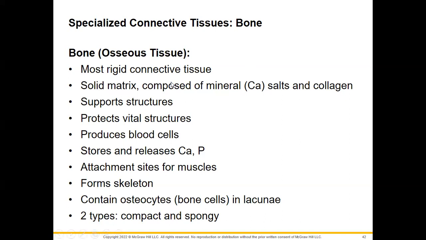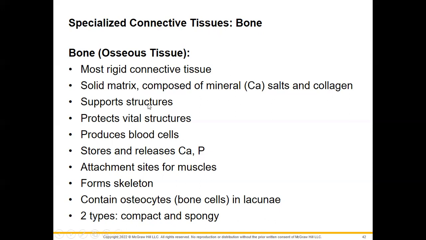So your minerals are going to make it hard, but your collagen is going to give it more of the ability to not be as brittle on impact. This is why every time we take a step or we jump or we do something that is harsher to the body, the bones don't shatter, partially because they have collagen intermixed inside of the matrix.